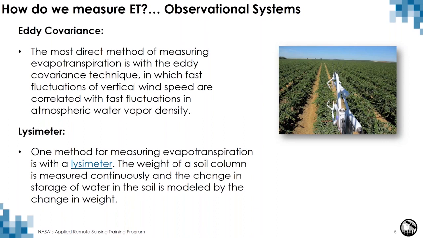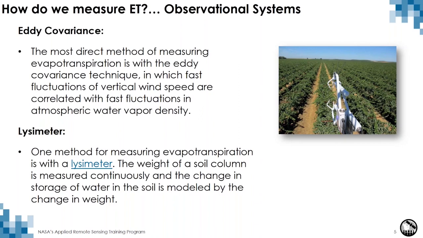Essentially it's looking at really, really fast measurements of fluctuations of vertical wind speed and water vapor. By looking at those very fast changes and fluctuations, we're able to estimate how much water is being evaporated or transpired from the surface.